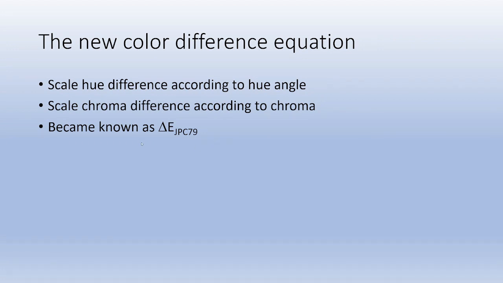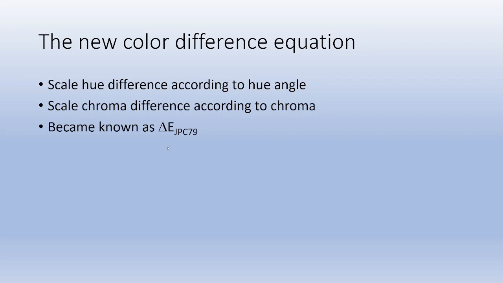And with that formula, which is a little bit ugly, but okay, he came up with what is known as delta E JPC, the color difference, J.P. Coates, 1979. He started this work in 1978. He published it in '79, and hence we have a different formula for computing the color difference, which is always a good thing.